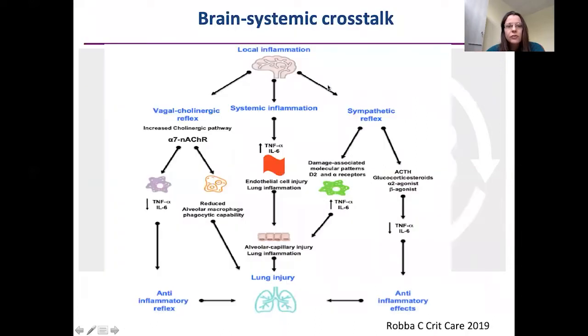And this causes a local inflammation, which then becomes a systemic inflammation. This happens through different mechanisms, of which the main ones are the vagal cholinergic reflex and the sympathetic reflex. And this causes systemic inflammation with activation of the cytokines, of the interleukins, endothelial cell injury with lung inflammation, and therefore the occurrence of lung injury.